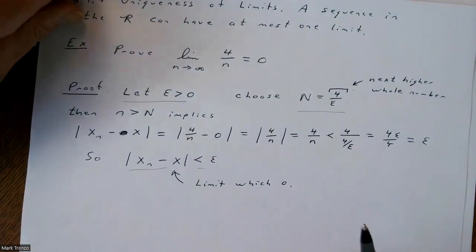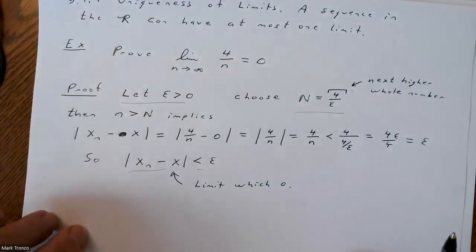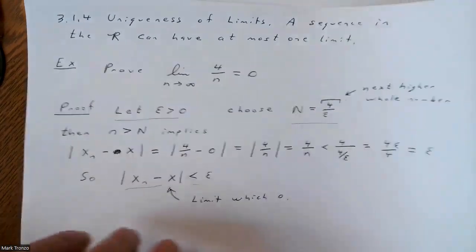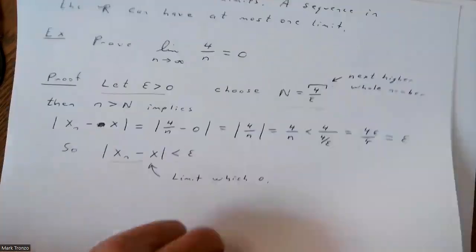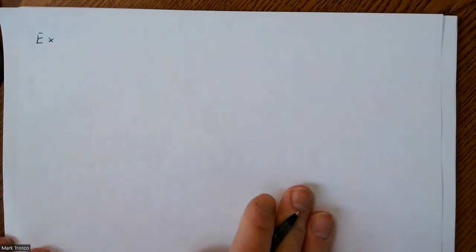Okay, so let's work out how we found that, or how we could find that. So let me put this up here. Let me do this example. It's almost the same.